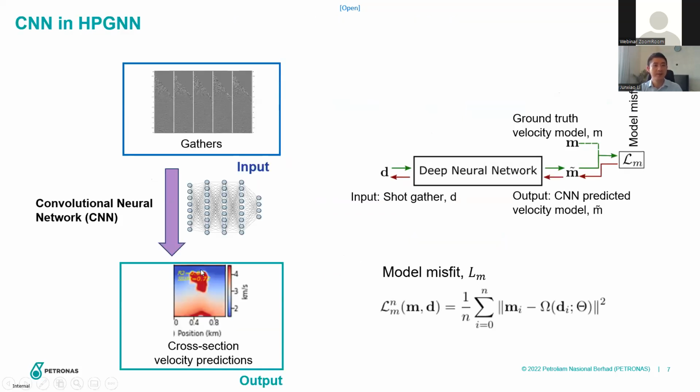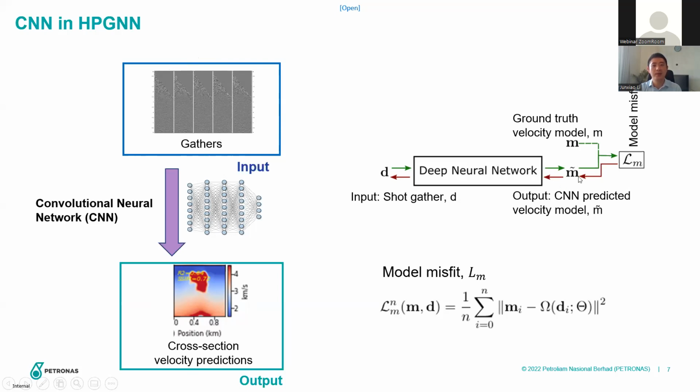So here is a breakdown picture of the HPGNN. The first part is the CNN part. As we know, the input of the CNN is the shot gathers. We put these shot gathers into our convolutional neural network so that we can get the predicted velocity models.